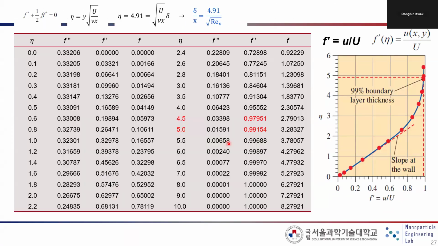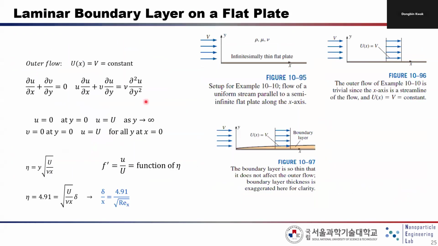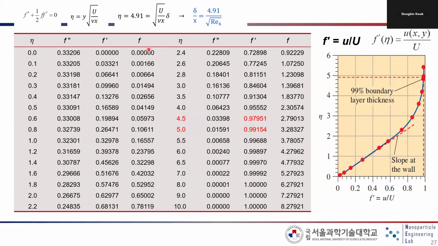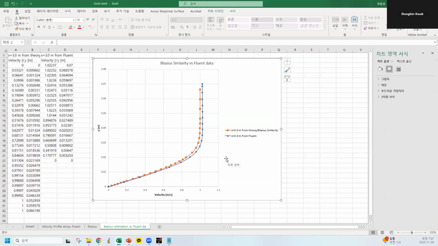Without solving the differential form equation, just using this table and solving this simple equation, we can obtain very good results compared with the ANSYS Fluent result.